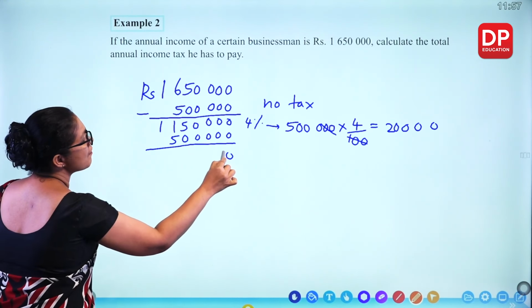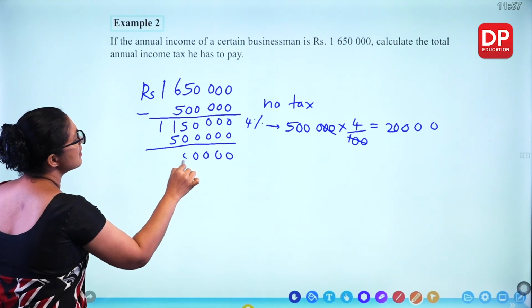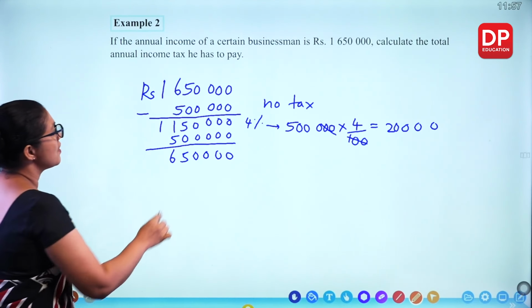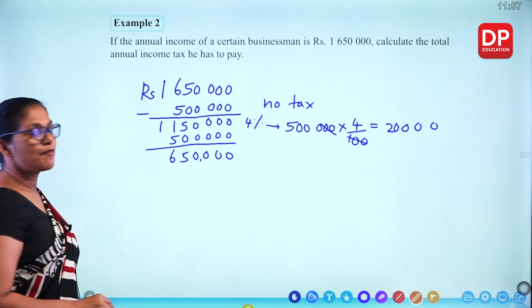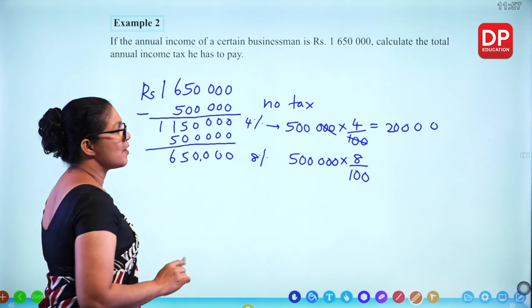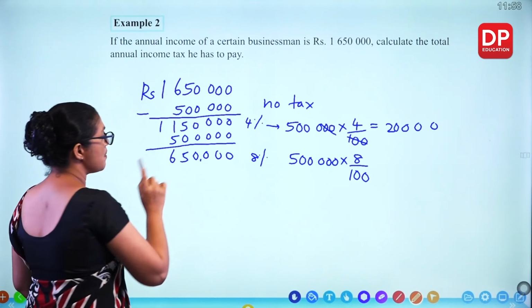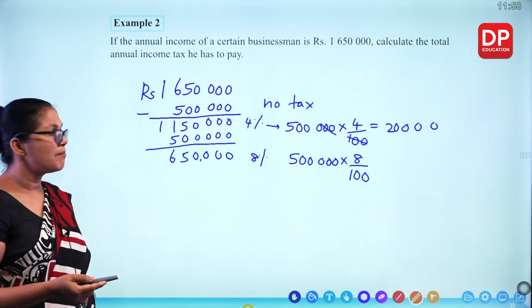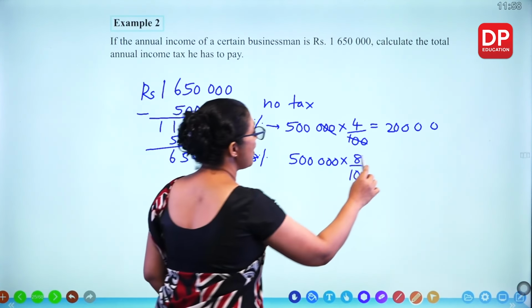Then when you subtract 500,000, what's remaining? You get 650,000. So from that, you need to pay 8% tax, again for 500,000. Only for 500,000 are you charged, so don't just multiply 650,000 by 8%. Only for 500,000.